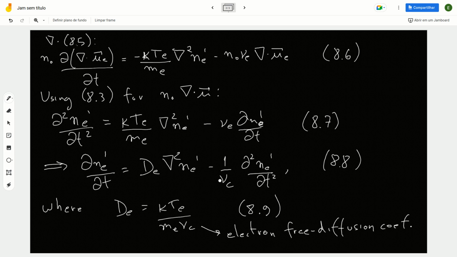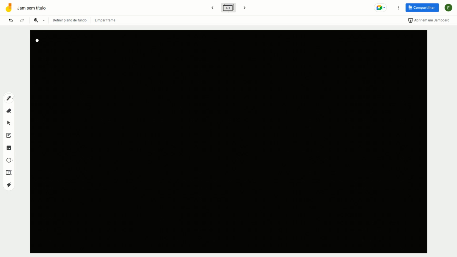So this is almost a diffusion equation. If you take this part, it's a diffusion equation plus this term. But if you have a high enough frequency of collisions, then you can drop this term. You can conclude this from dimensional analysis, that this term is much smaller than this. So we can drop the last term if this is high.